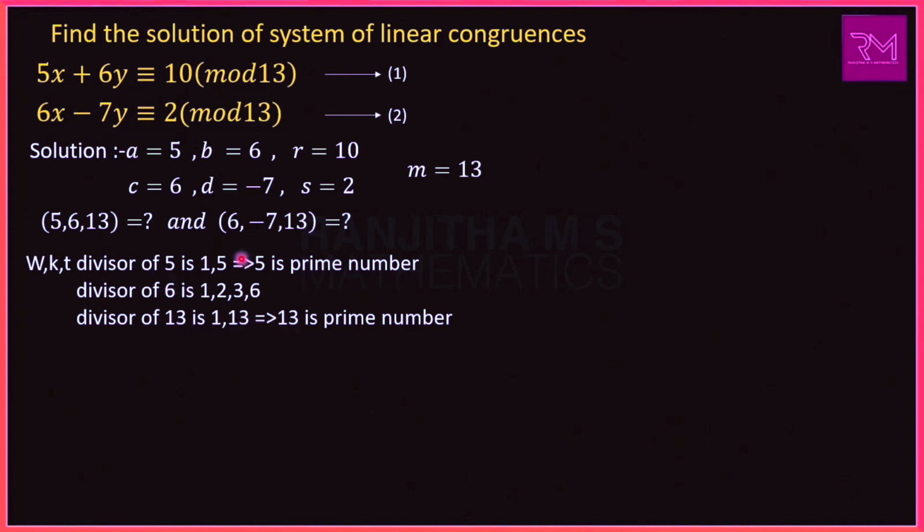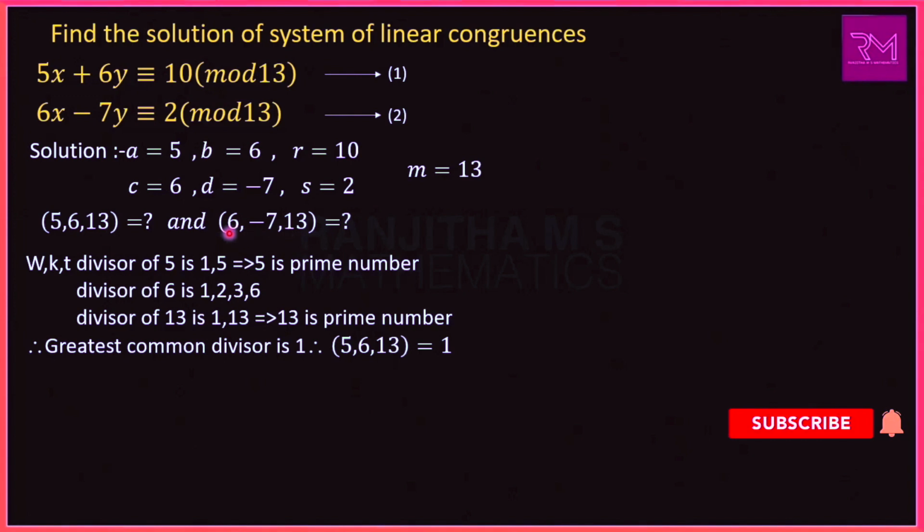Among these three, the greatest common divisor is 1. Therefore the GCD of 5, 6 and 13 is 1. Similarly, we find the GCD of 6, minus 7, 13, which is the same as the GCD of 6, 7 and 13. The divisors of 6 are 1, 2, 3 and 6.